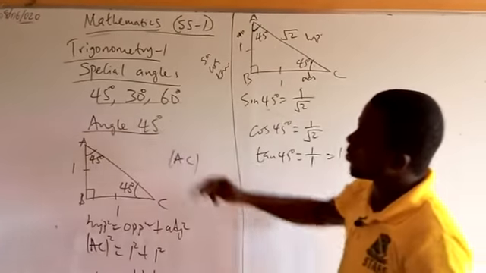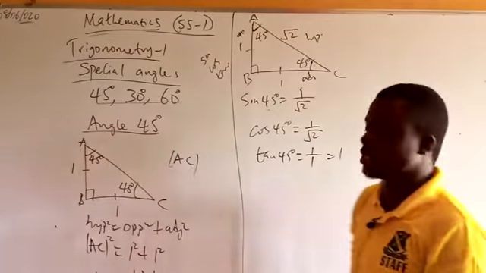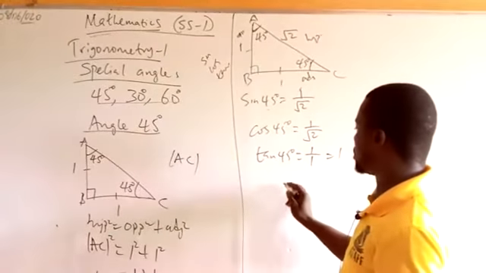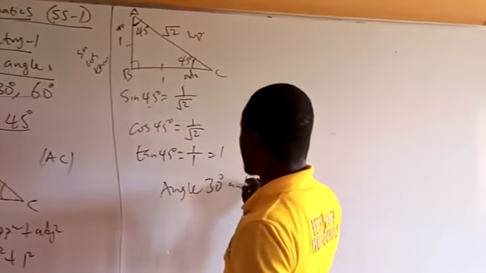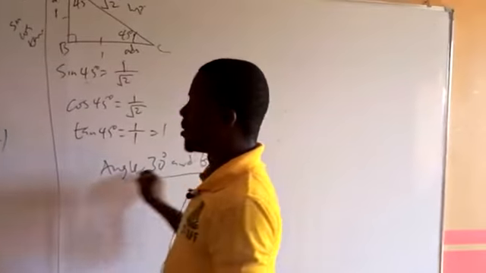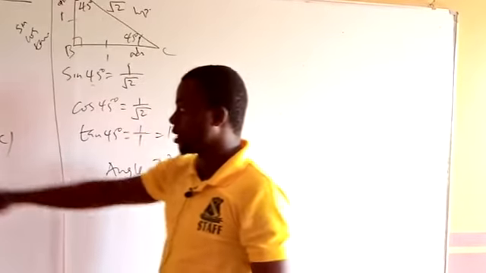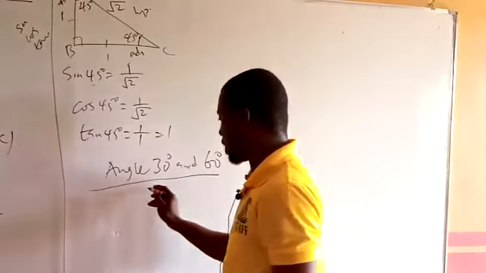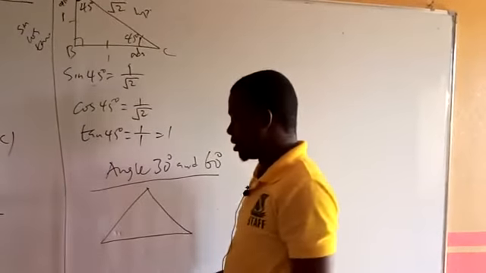So let's derive the special angles for 30 and 60 degree. We use an equilateral triangle to derive 30 and 60 degree.